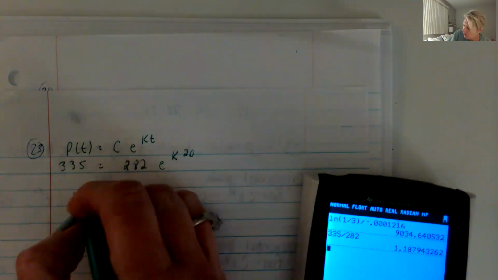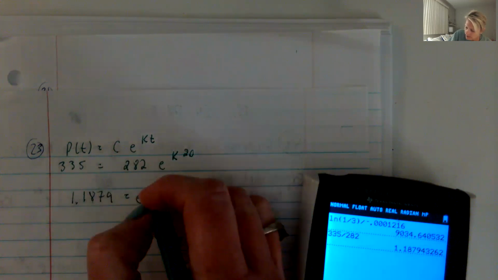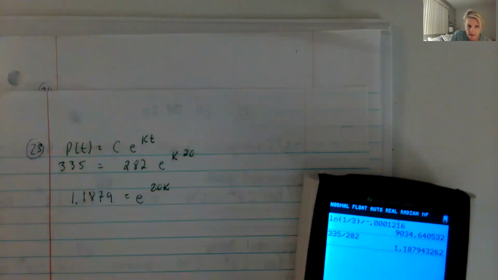So let's find that ratio: 335 divided by 282 is 1.1879. So 1.1879 equals e to the 20k.